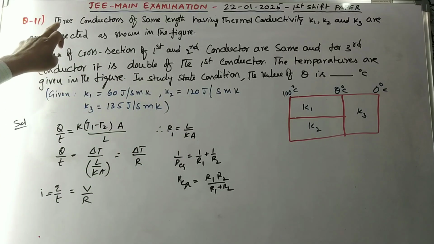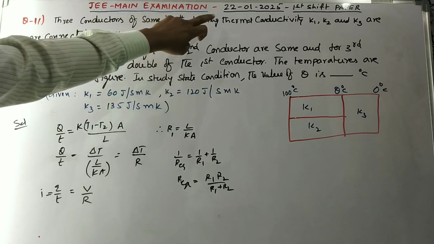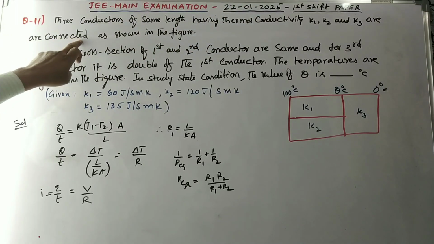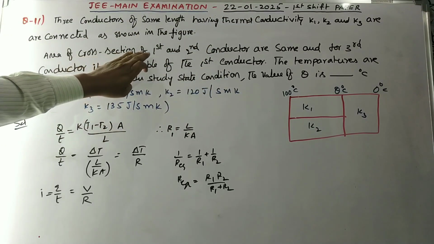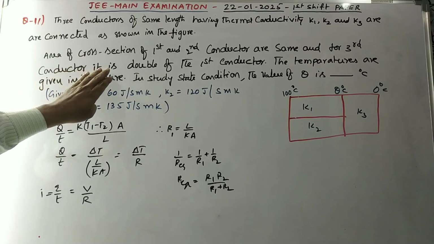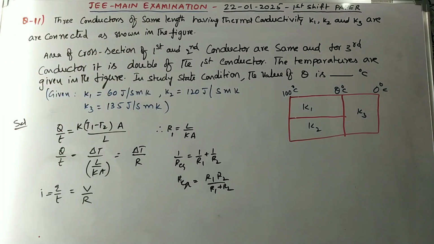But here, the three conductors have the same length, and the area of cross section of the first and second are the same, while for the third conductor it is double that of the first.